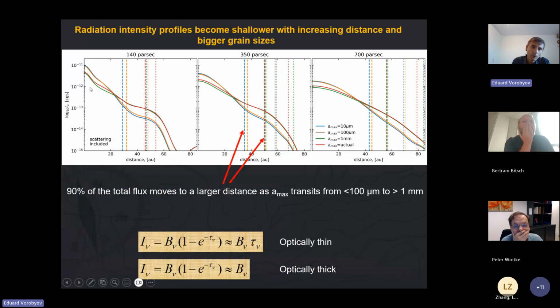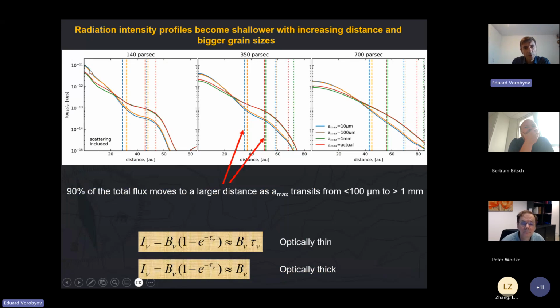So here we show the radiation intensity of our disks, azimuthally averaged, as a function of distance, and for different distances to the source and for different maximum sizes of dust grains.